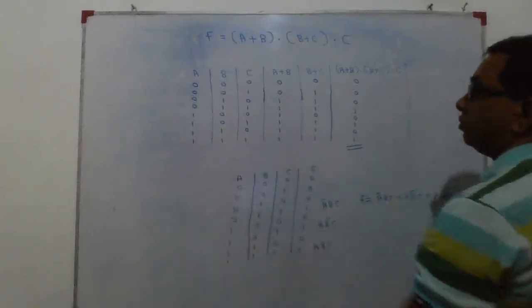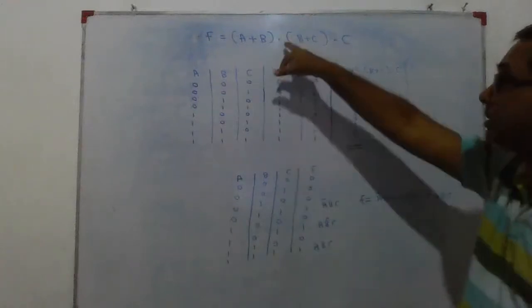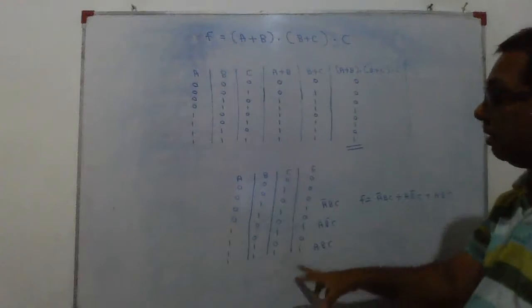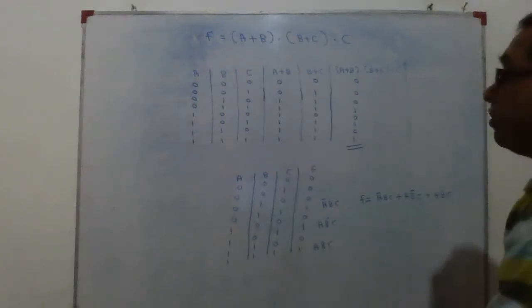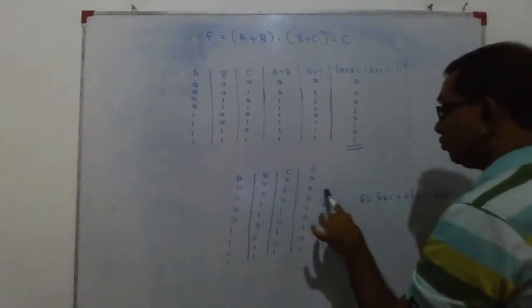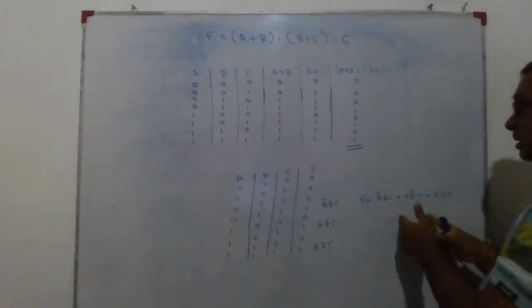If they ask you to draw the truth table by giving such a statement, you have to draw the second table. But if it is difficult to draw it, you can draw the first table and then you get the output and then you show it. This is not the POS statement anyhow.